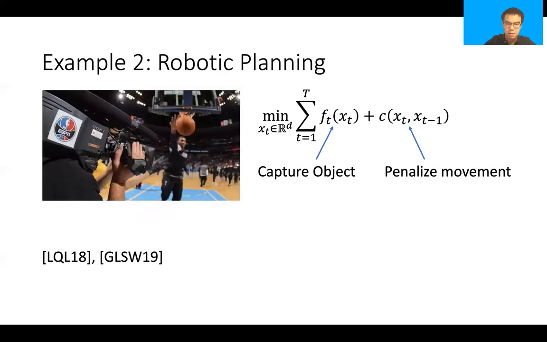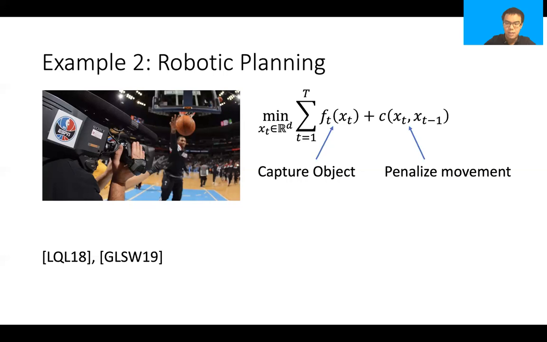The second example is robotic planning. In this example, we are trying to train a robotic camera to broadcast a basketball game. So xt represents the location of the center of the screen. And we use the hidden cost function to encourage the camera to capture the object of interest, maybe the basketball. And the movement cost penalizes the camera for moving too much between two consecutive time steps.